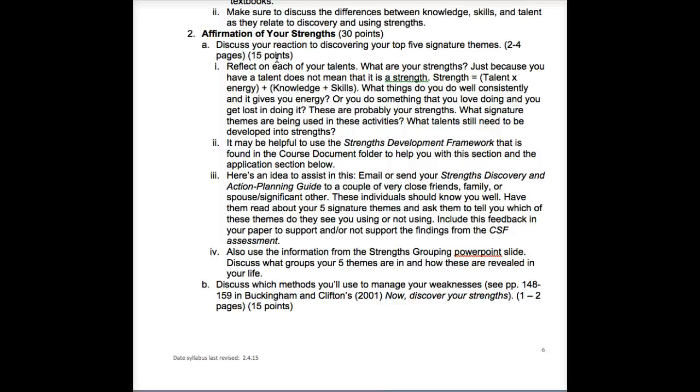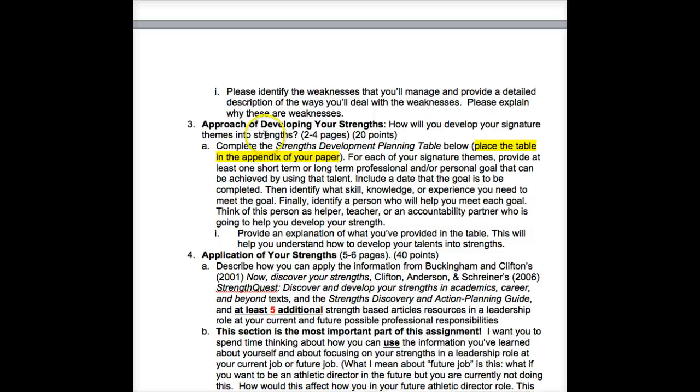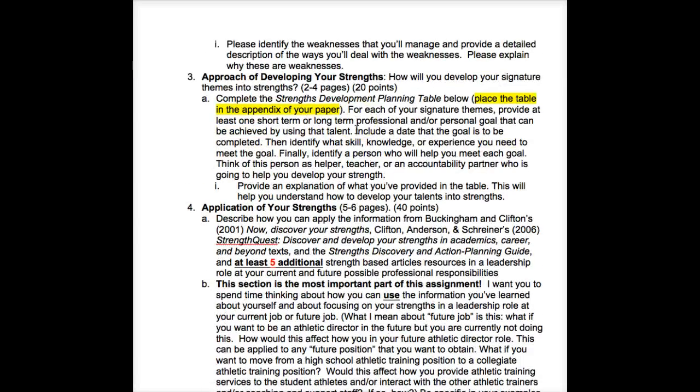What are a couple of your weaknesses, and what are some ways you can manage around your weaknesses based on what they have placed in their textbook? Okay, so that's 1 to 2 pages there. And one thing I didn't say is provide a detailed description of ways that you deal with these weaknesses. I guess I did say that.